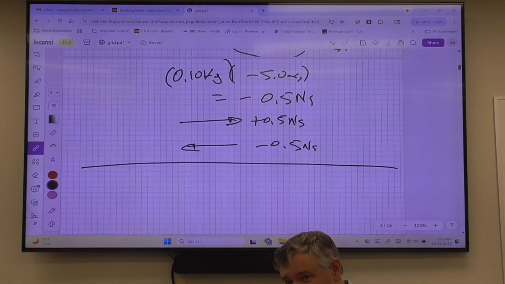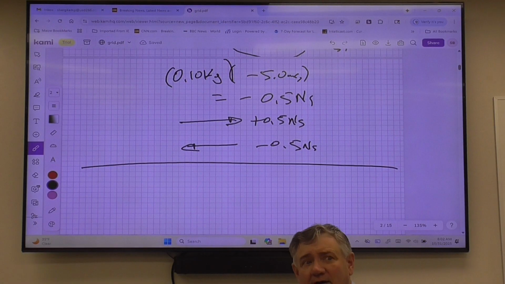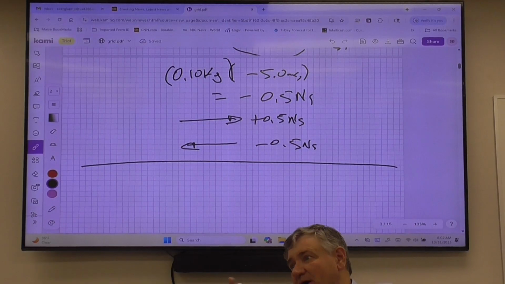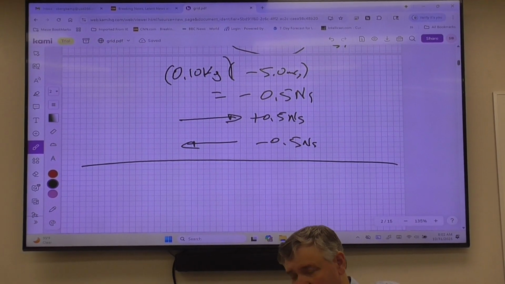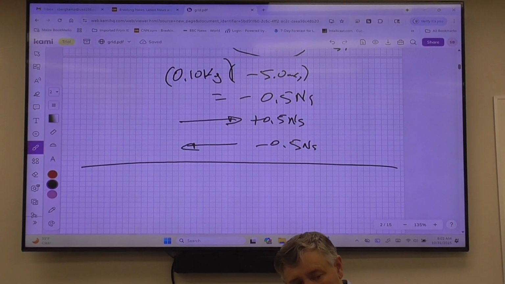Caitlin? I don't think it would. It won't change. Why? Because it's mass times velocity. If I'm on the moon and I make the golf ball move with a certain velocity, it's going to have the exact same momentum as it does on the Earth, because it's just mass times velocity.